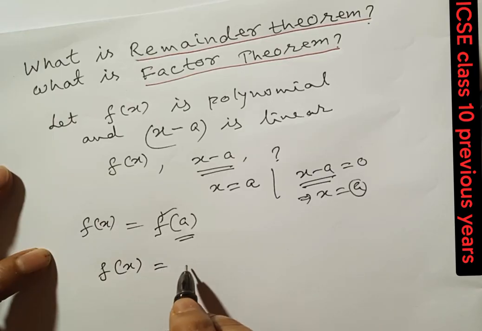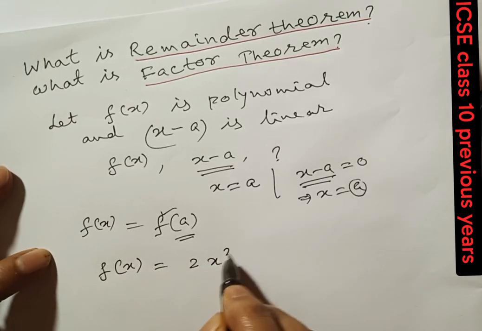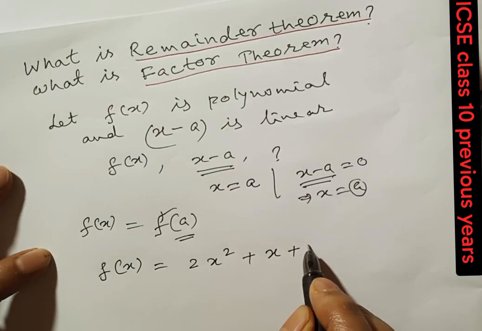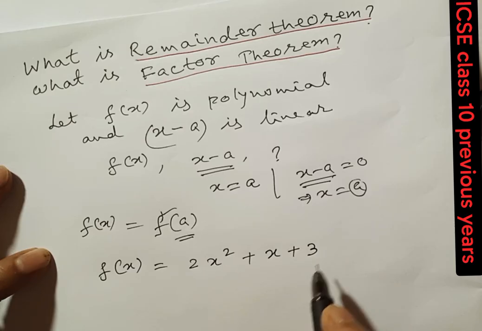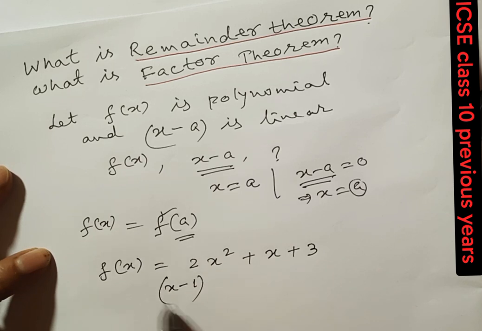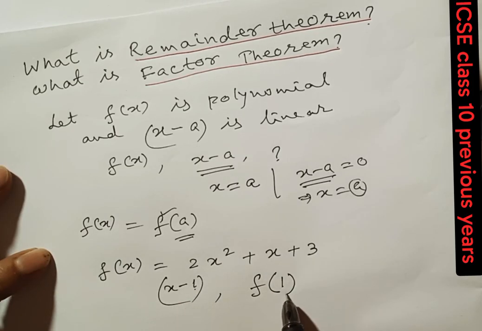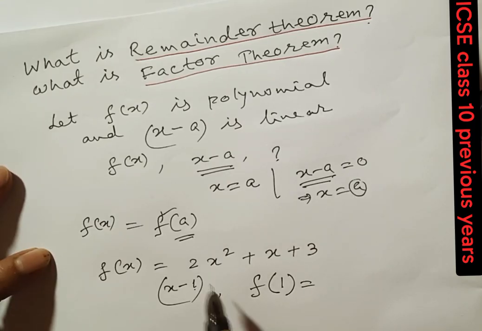Let f(x) equal 2x square plus x plus 3. This is a polynomial, and when we divide f(x) by x minus 1, what will be the remainder? From the remainder theorem, x minus 1 gives x equal to 1.